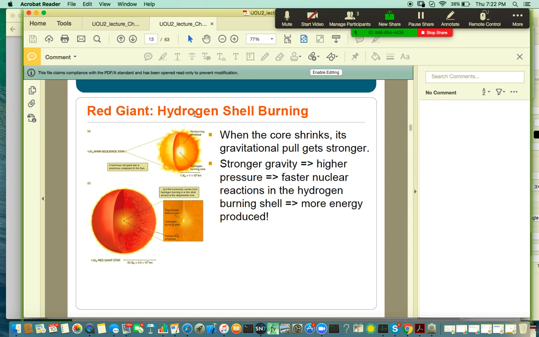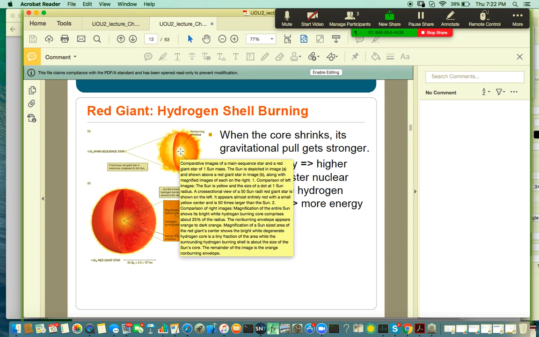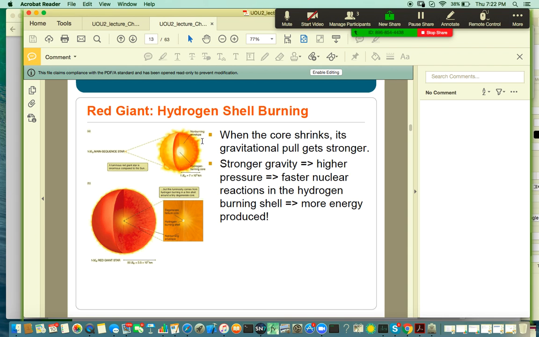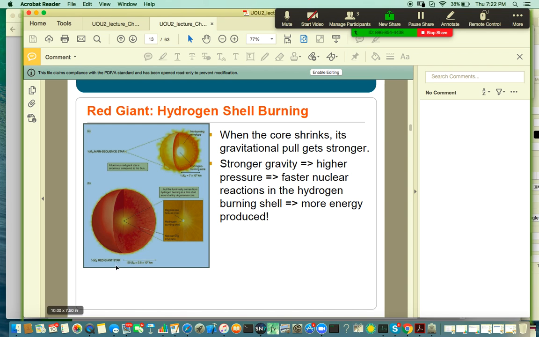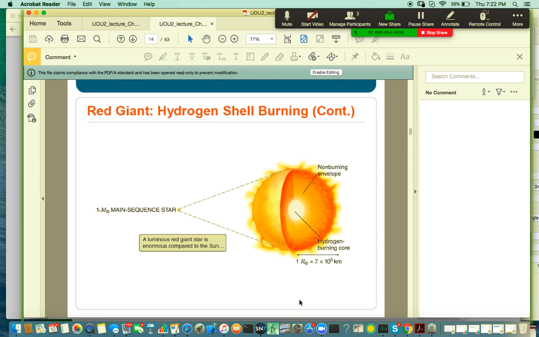As a red giant, the core is pretty much inactive, but there is a shell of hydrogen burning on it. And that surplus of energy is responsible for expanding the star, making it a red giant star.